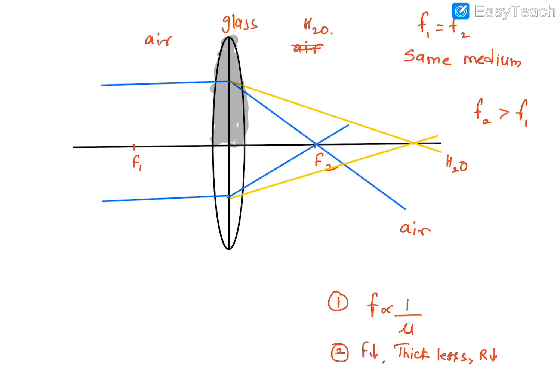So what will happen when half the lens is painted black, the difference you'll notice is what? Remember, first thing, it will have the same focal length. It will not change. Its focus or focal length will not change.